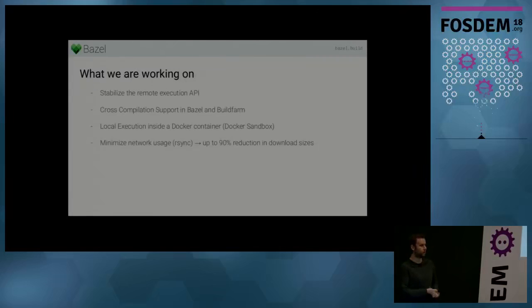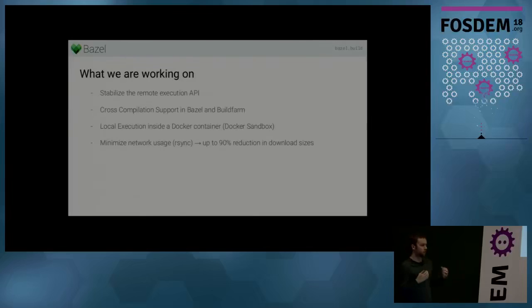And so for people who need this kind of reproducibility, this will be a great boost to be used in combination with remote caching. And additionally, right now, remote caching does require a good network connection, like it's downloading a lot of build outputs.